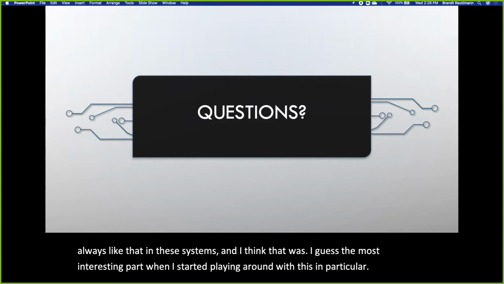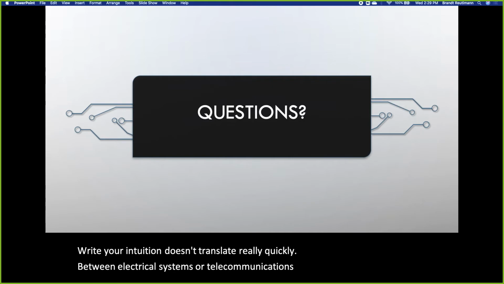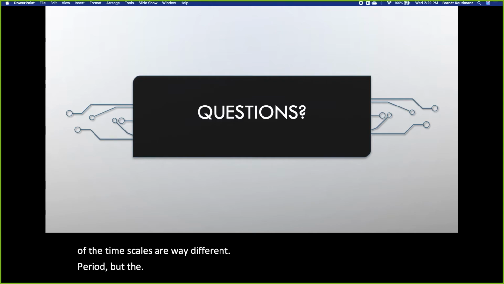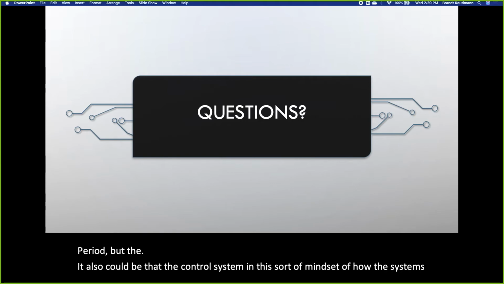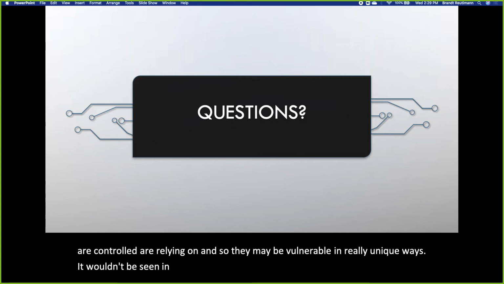Right. Your intuition doesn't translate really quickly between electrical or telecommunication systems and gas, because the timescales are way different. But it also could be that the control system and the mindset of how the systems are controlled rely on that, so they may be vulnerable in really unique ways that wouldn't be seen in the electrical system, because there's so much time.